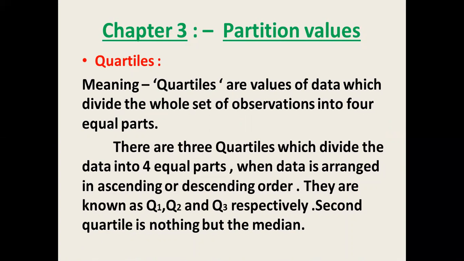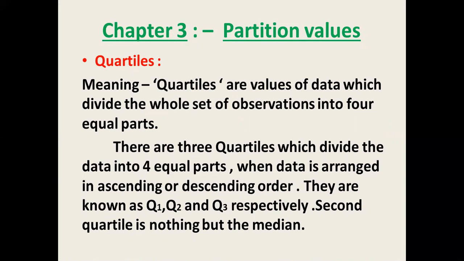Quartile means what? The quartiles are values of data which divide the whole set of observations into four equal parts. The most important thing is that we calculate only Q1, Q2 and Q3.